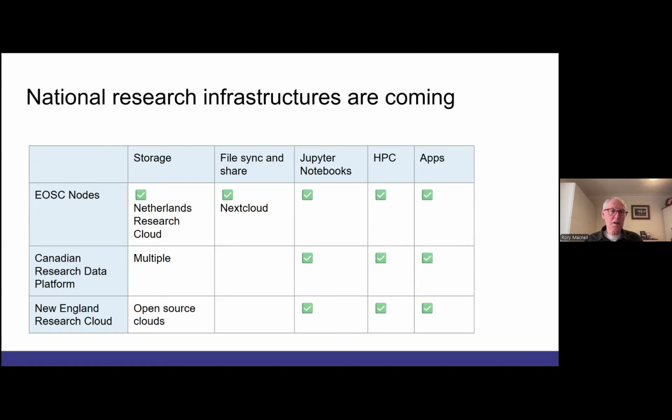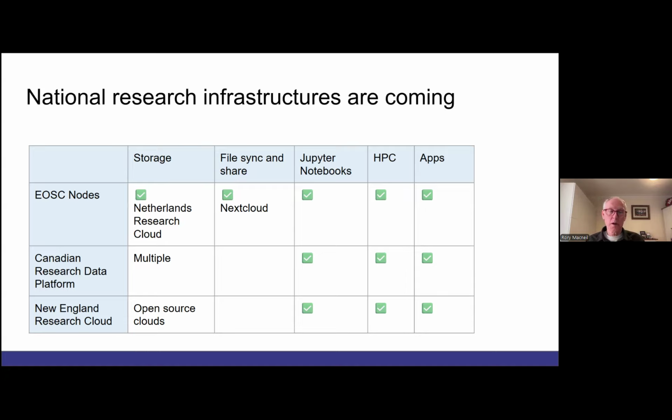So if you look at these infrastructures, they're pretty similar in a way. What people are thinking about, they're very basic. They have storage at the base. They have some file sync and share capability. And then pretty much all of them are thinking about incorporating Jupyter notebooks in some form or another to facilitate computational work.